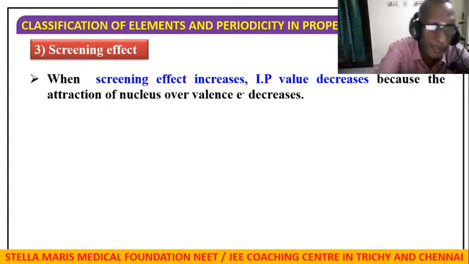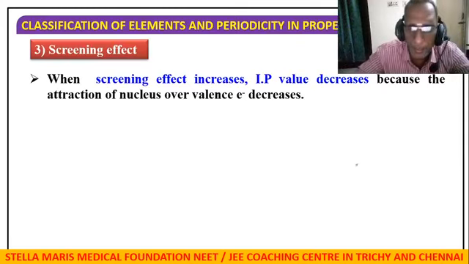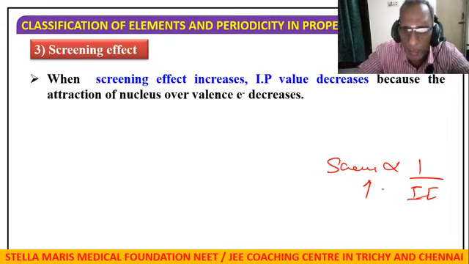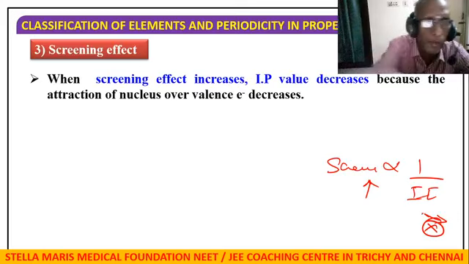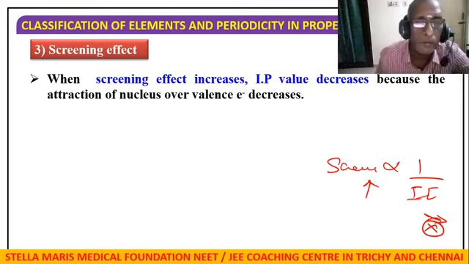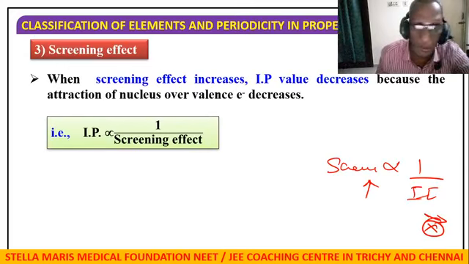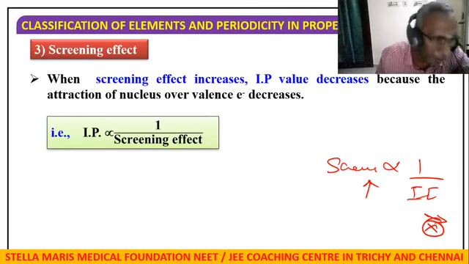Screening effect is inversely proportional to ionization energy, because with higher screening the electron will easily escape. Easily escape means minimum energy needs to be supplied. So it is inversely proportional to the screening effect.